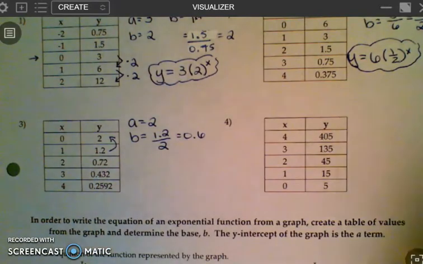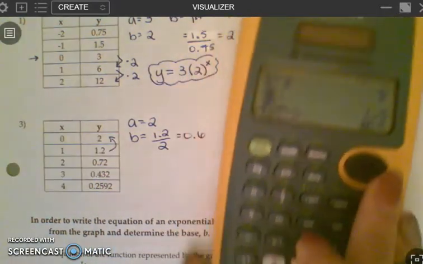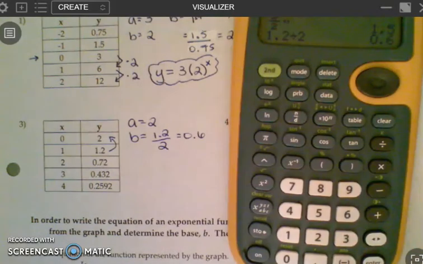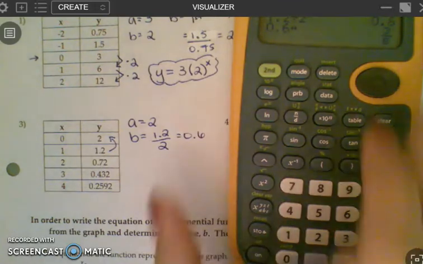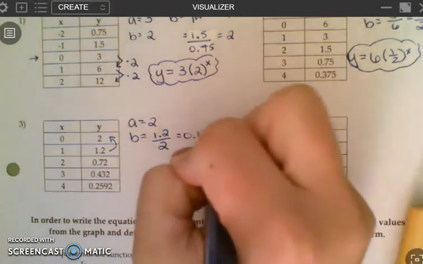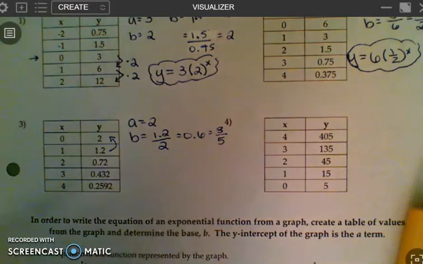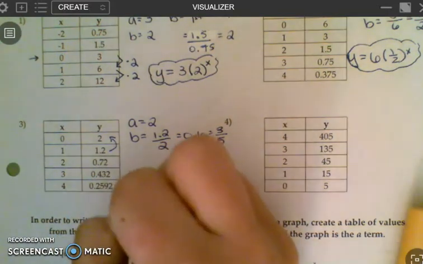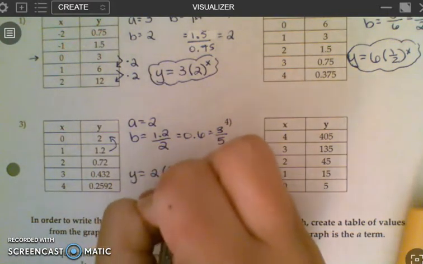When we're doing these though, we really like fractions. So I have 0.6 on my calculator, and you're going to press the little double arrow button to make it a fraction. So 3 over 5 is what we're actually going to use. So y equals 2, (3/5) to the x.